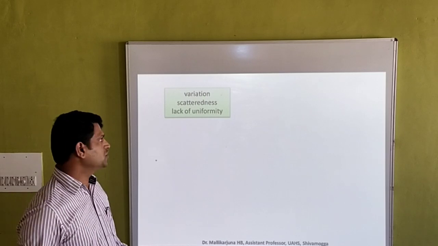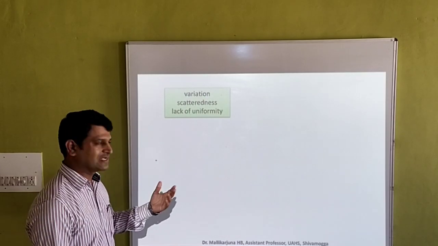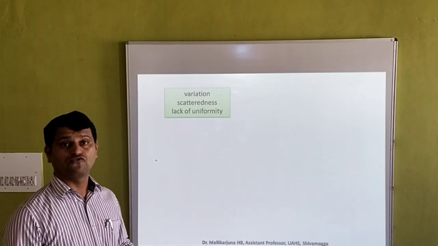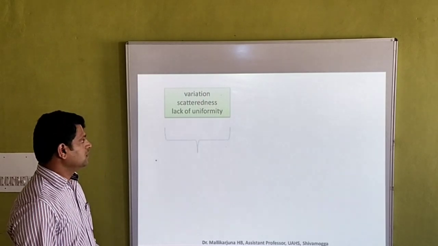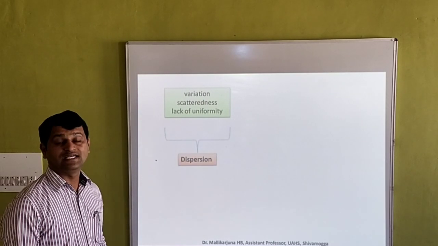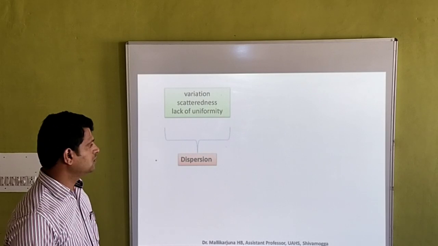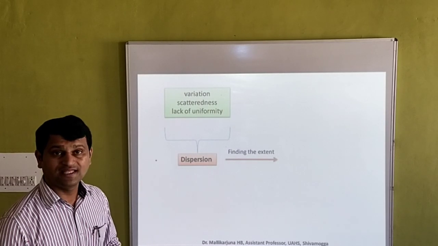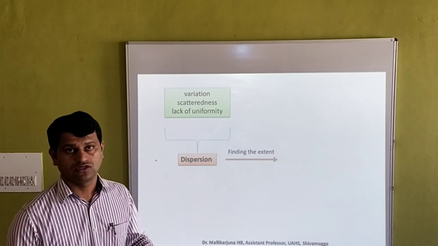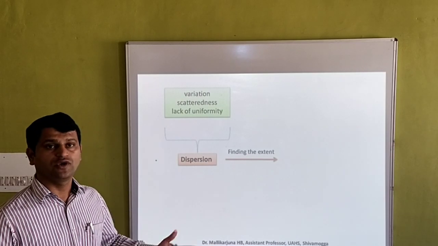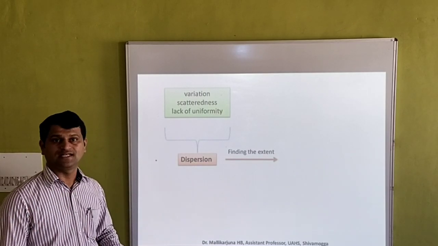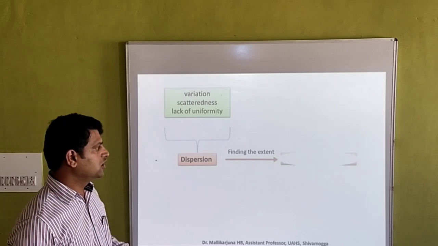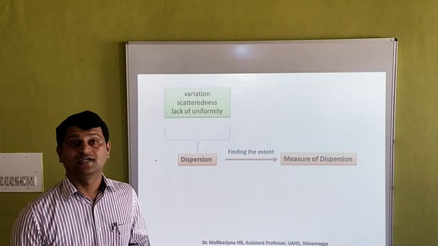In a set of observations, if there is variation or scatteredness or lack of uniformity, then that is known as dispersion. Finding the extent of dispersion, how much variation there is, is known as a measure of dispersion.